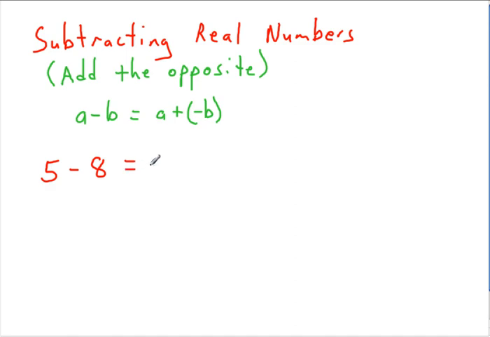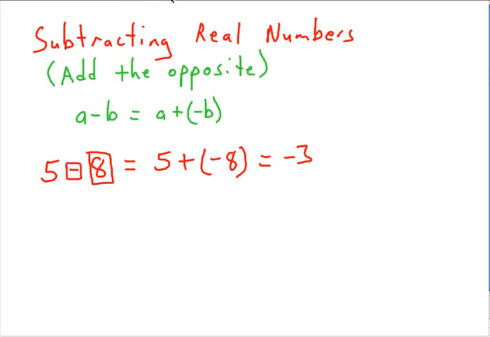If we change that to 5 plus negative 8, so that the subtraction changes to addition, and then the very next number changes to the opposite. So 5 plus negative 8, and then we just use the rules we talked about previously. So 8 minus 5 is 3, the 8 is larger and it's negative, so the answer is negative.